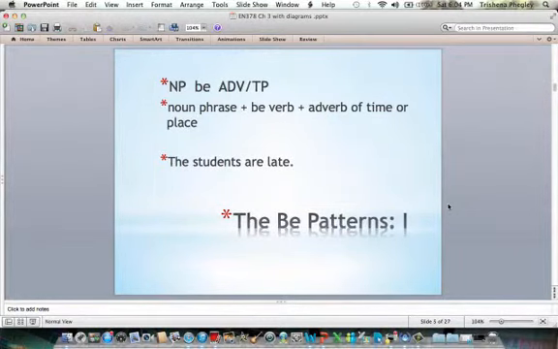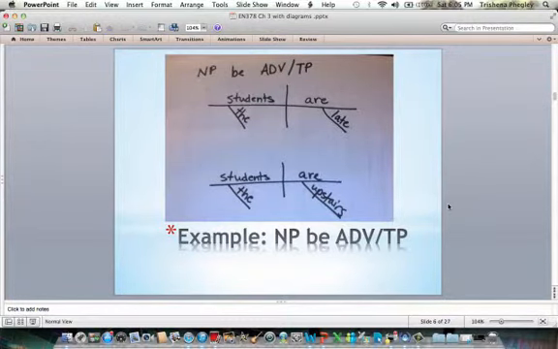Okay, we're going to go through each of these. I won't spend a ton of time on these, but I diagram the sentences so you can take a look at them. In this example, I have the students are late. The students is the noun phrase, are is the be verb, and late is the adverb of time or place. Here's the example: the students are late, and then we also have the students are upstairs.